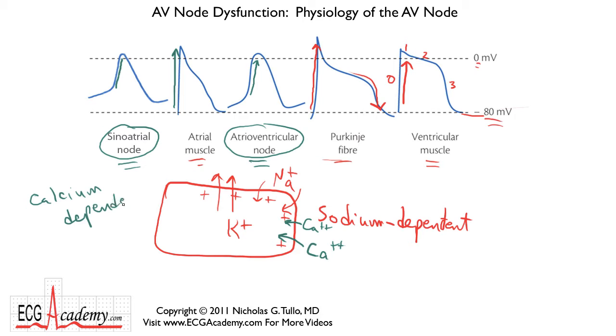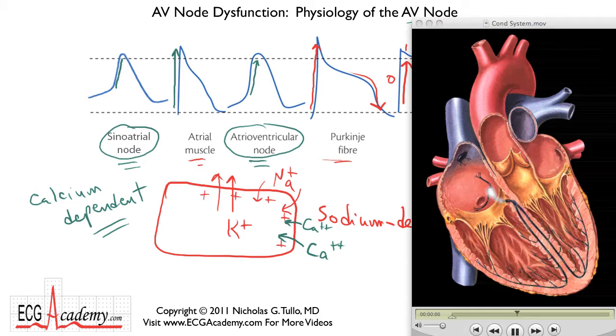This becomes important because they behave differently. We will talk more about this in the advanced physiology video, discussing the differences between calcium-dependent and sodium-dependent cells. But for the sake of understanding AV nodal physiology, the signal takes a little longer to get down the AV node than in other parts of the conduction system.